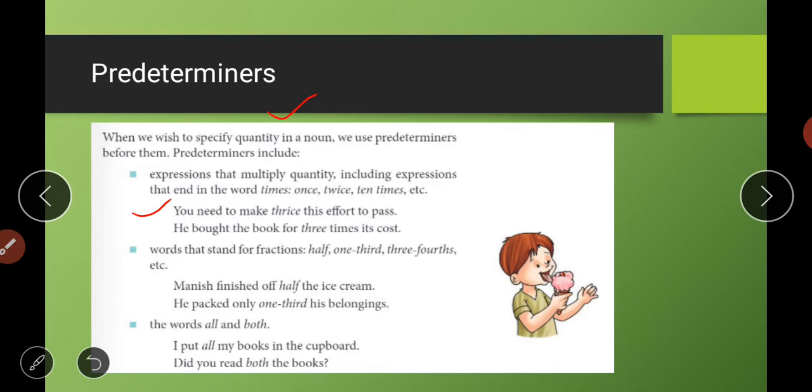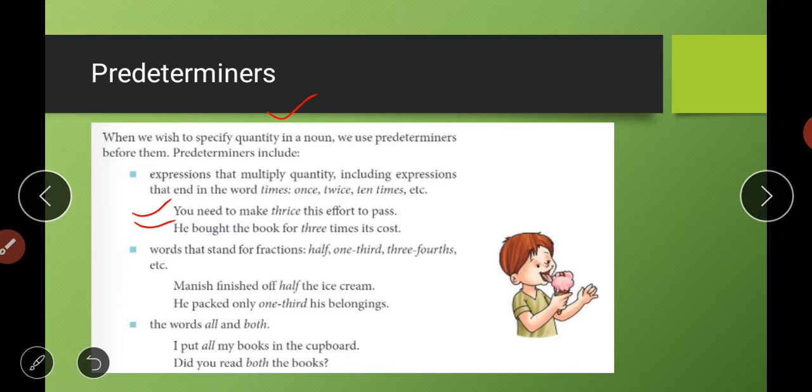Words like thrice and twice tell you how many times. In the second sentence, he bought the book for 3 times its cost, meaning he paid 3 times that particular cost. So twice, thrice, 2 times, 10 times, all these words are multiplying quantity. So these are predeterminers of a kind.